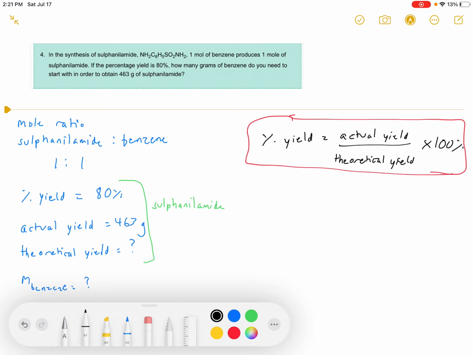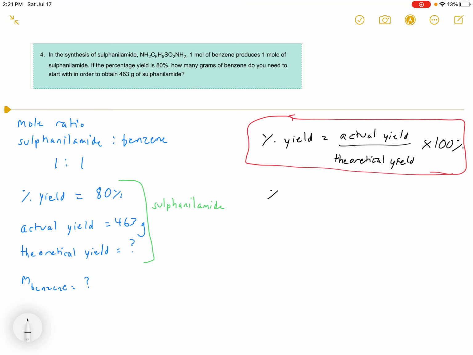So a good way to do that is first what I'm doing, we'll see percent yield equals actual yield over theoretical yield times 100%.